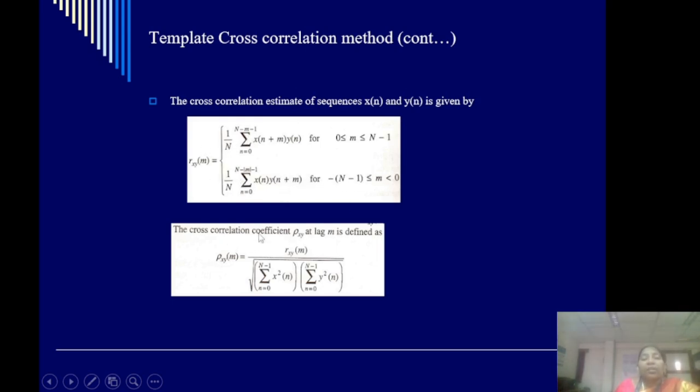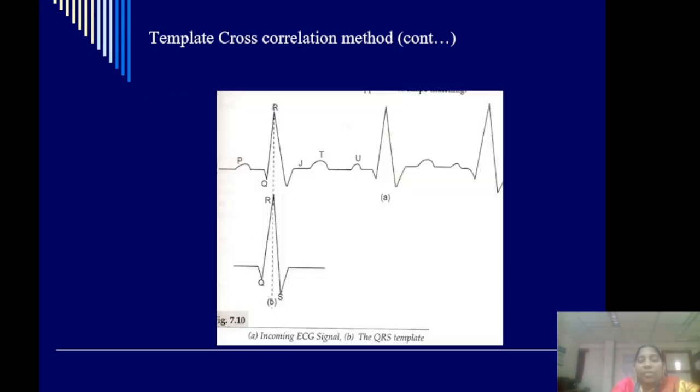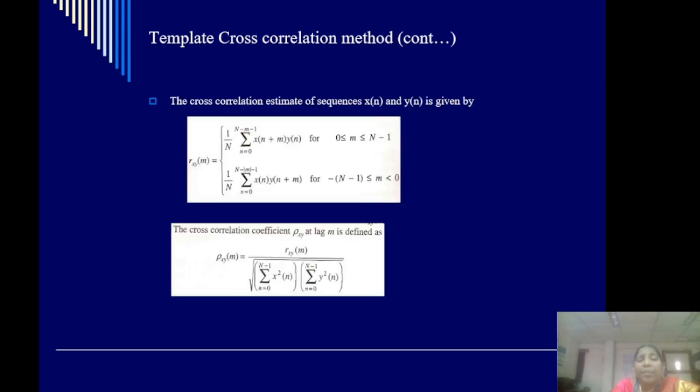Then we calculate the cross correlation coefficient using the formula rho xy of m equal to Rxy of m divided by the square root of summation n equal to 0 to N minus 1 of x square of n times summation n equal to 0 to N minus 1 of y square of n. That is, the cross correlation function divided by the square root of the individual signal squares. Using this formula, we calculate the cross correlation coefficient.